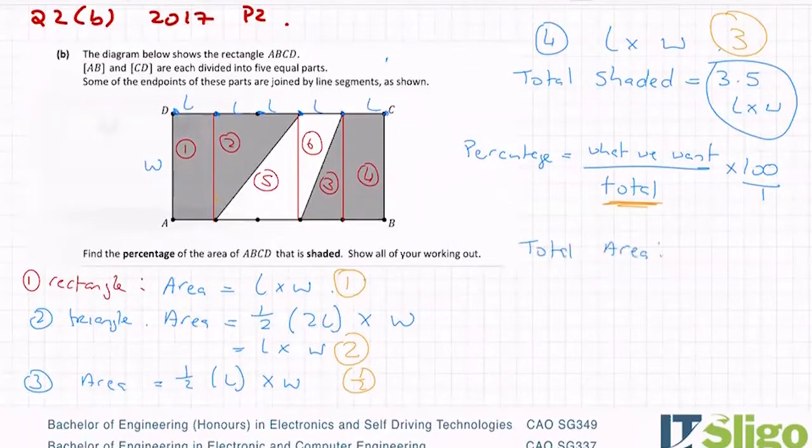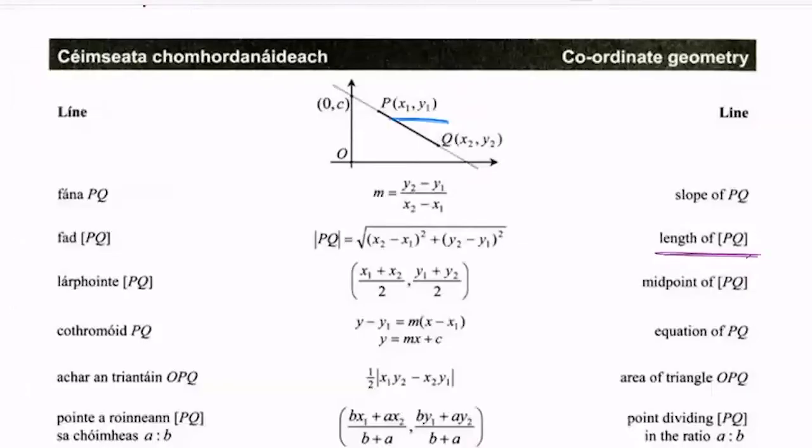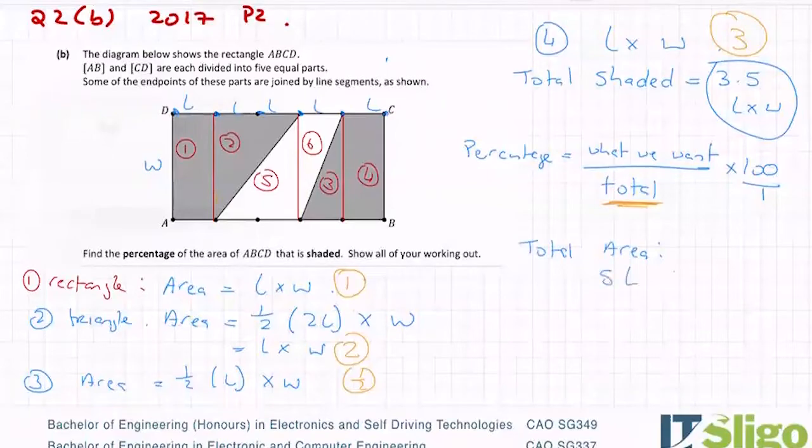Remember it's a rectangle, so it's length by width. What is the total length of this? Well, it's 1, 2, 3, 4, 5 L, multiplied by W. So let's sub that into our percentage.